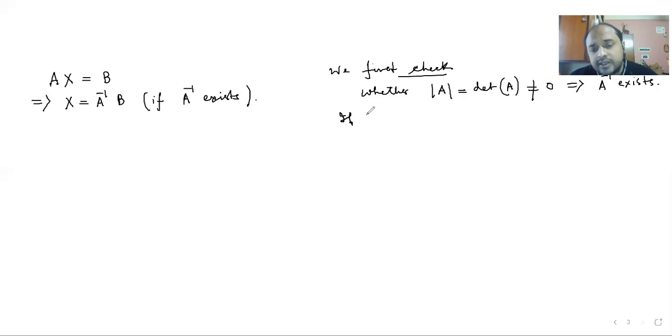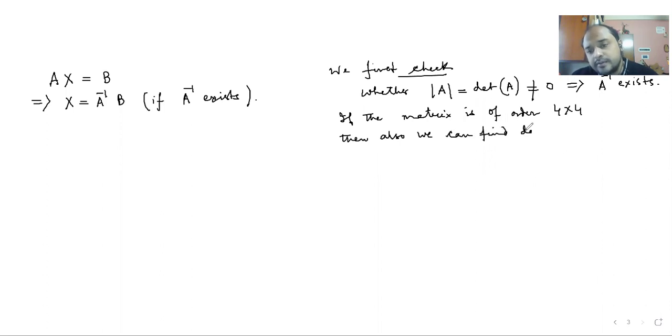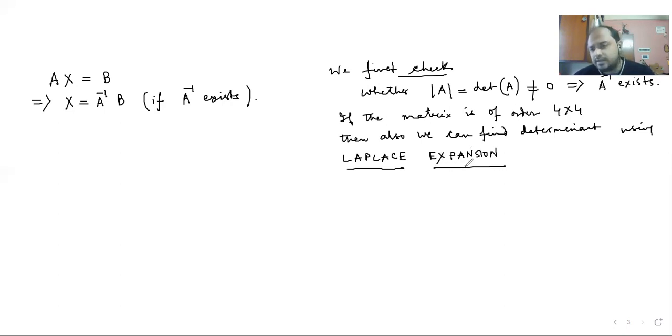If the matrix is of order 4 by 4, then also we can find the determinant using Laplace expansion, not Laplace transformation, that is a different thing. Now, this topic used to be in the syllabus previously, but now Laplace expansion has been removed.